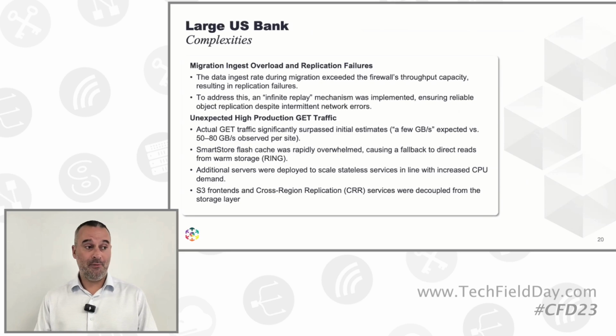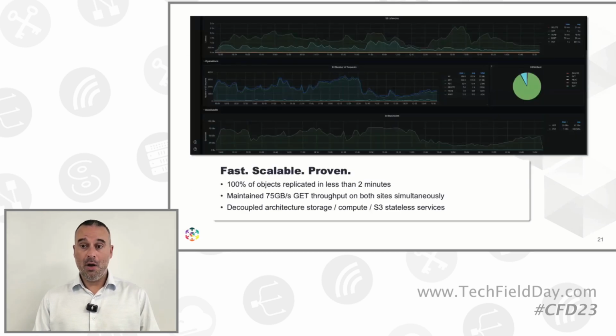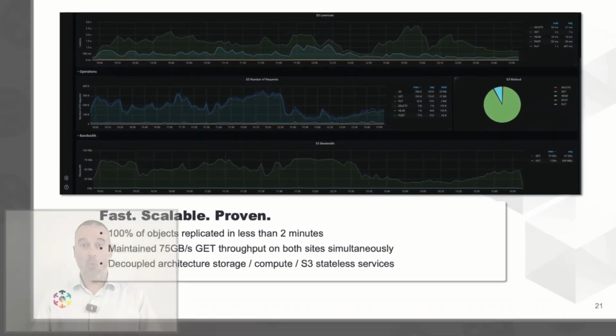And the SmartStore flash cache was rapidly overwhelmed, which led to all the gets ending on the ring and exceeding the CPU capabilities. So we added additional servers, we decoupled the architecture entirely, and we put in new servers with CPU, no need for NVMes, just a bit of CPU and memory. And we end up with what we see now: 75 gigabytes of reads on one side.